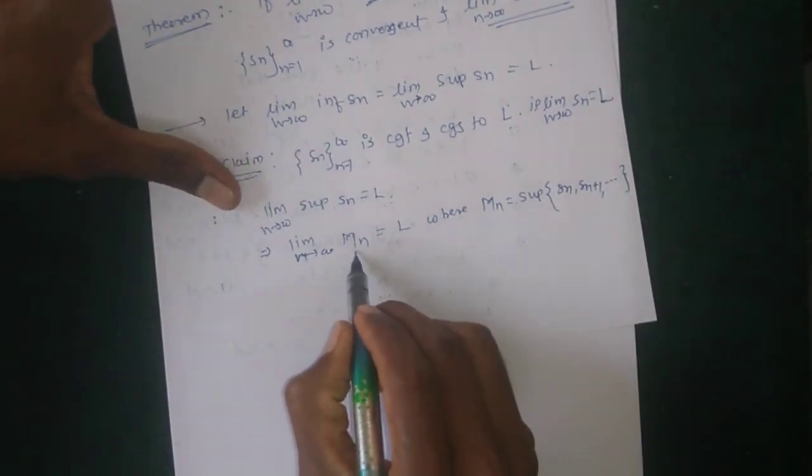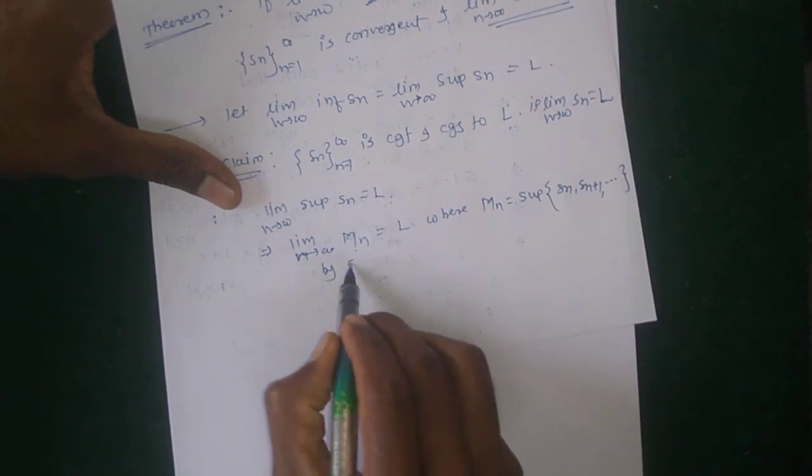Therefore this Mn sequence has limit L by the epsilon-n definition.